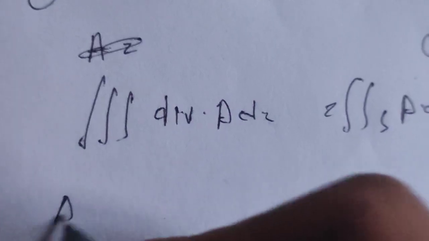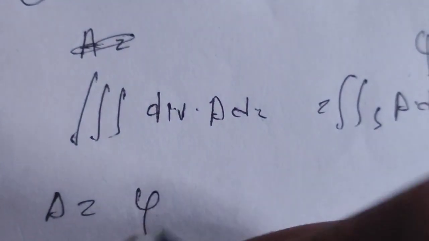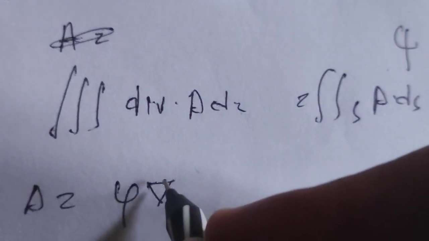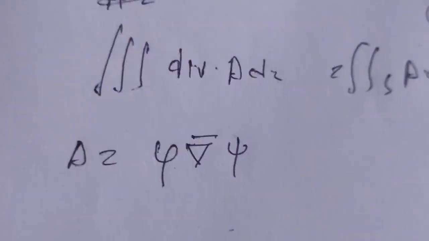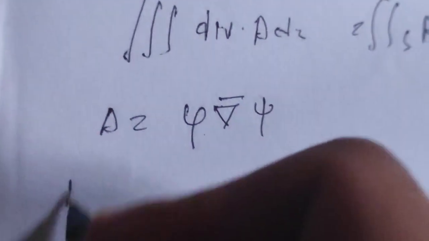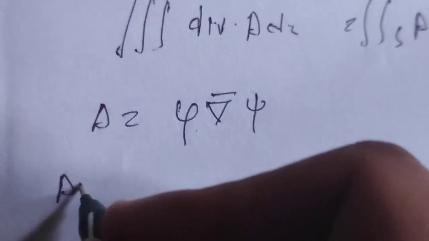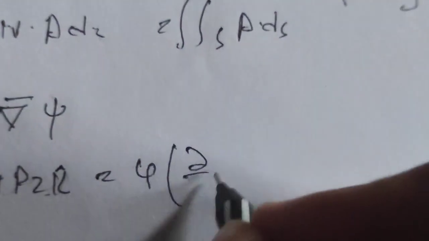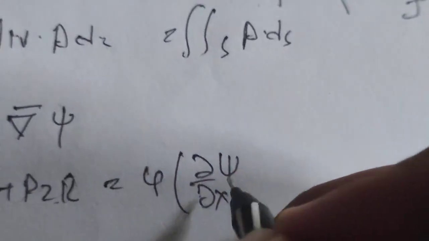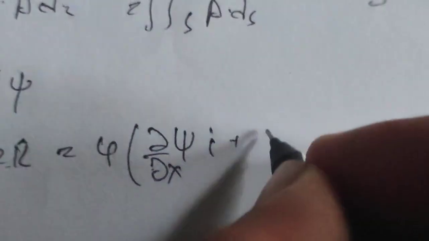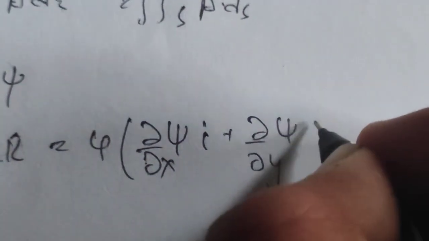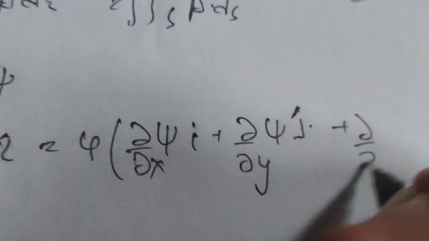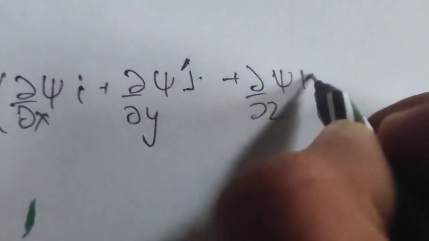So here let's say A is equal to phi gradient psi. In component form, A is Ax i cap plus Ay j cap plus Az k cap, so it becomes phi del upon del x psi i cap plus del y psi j cap plus del upon del z psi k cap.